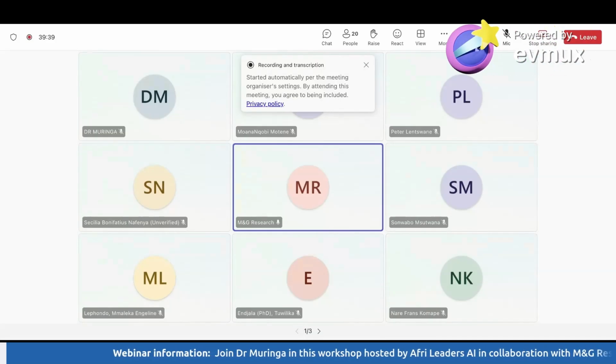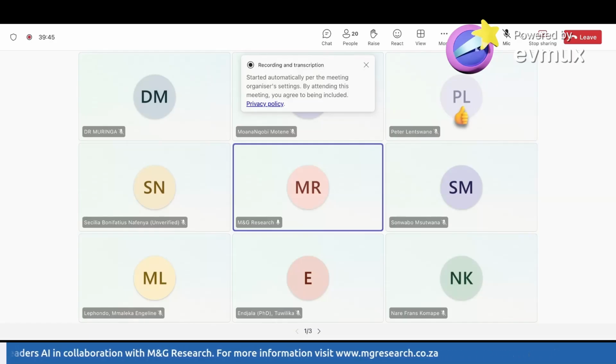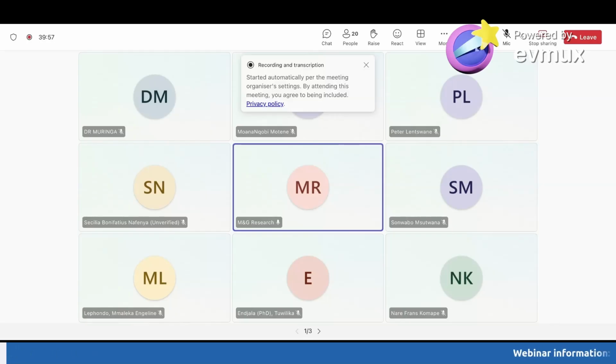Just confirm, colleagues, if my screen is showing. All right, great, thank you. Let's hope it's showing nicely. Right, it is showing, but the challenge is it's not showing here.